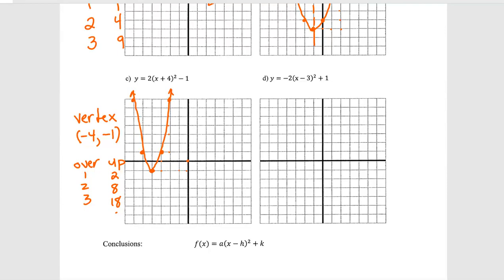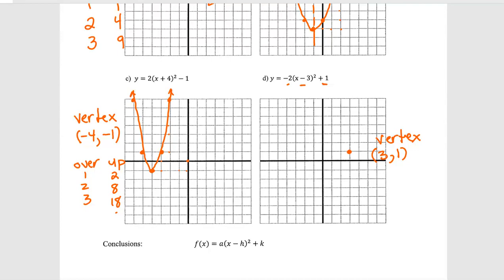Last one here, just as an example: I'm moving my vertex up 1 and to the right 3. There's my new vertex at +3 and +1. The stretching is the same as before, except now I have a negative sign in front.